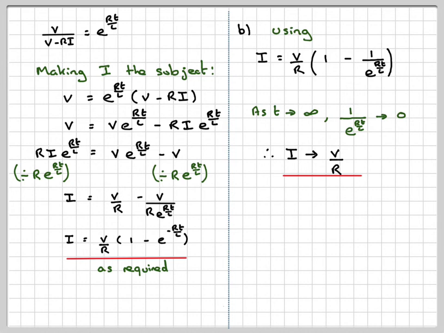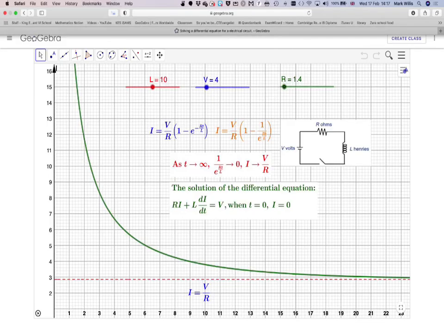Okay, we can look at this on this GeoGebra app, which I'll put in the notes of the video. Here we have the differential equation and its solutions. We can see very easily here that as t goes to infinity, i will be equal to V over R. For example, 4 divided by 1.4 is about 2.85, so we can actually see that from this.